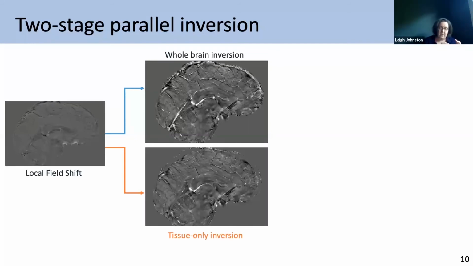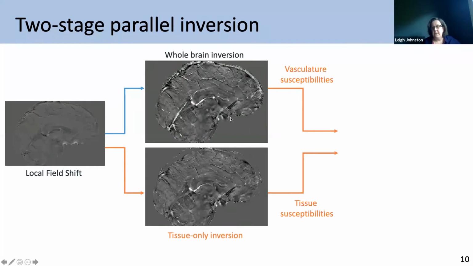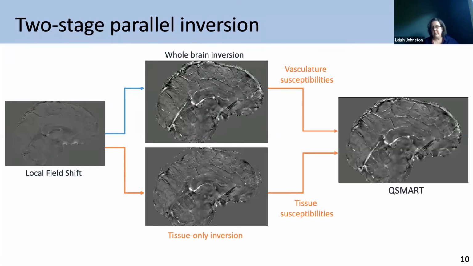And then at the same time, we do a tissue only inversion where we've actually removed the vasculature from the whole brain. You can see the difference between removing the vasculature and keeping it in. You get quite some startling, high susceptibility artifacts there. So we then combine these two things into our finished image, which is our QSmart image.